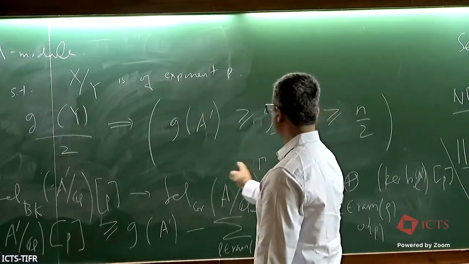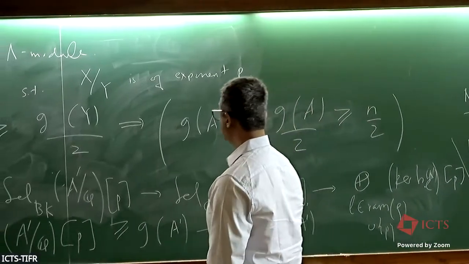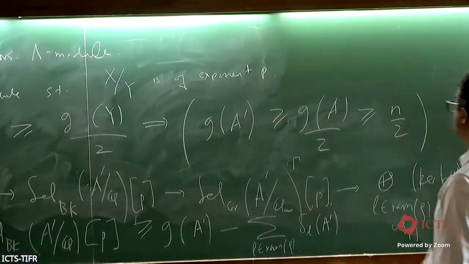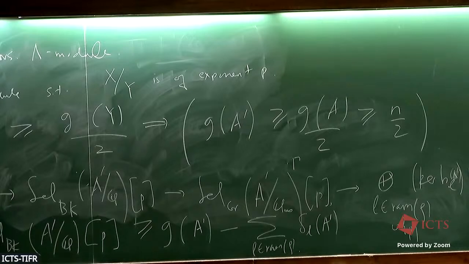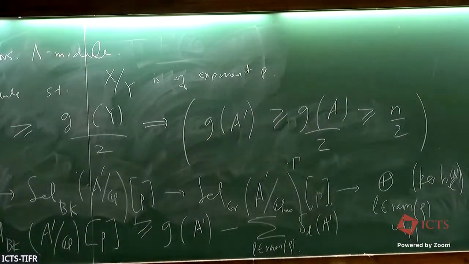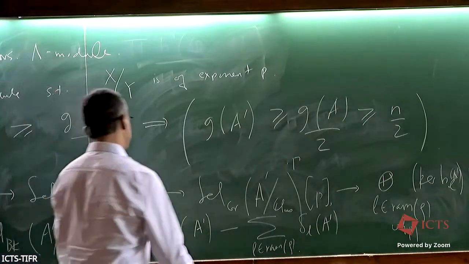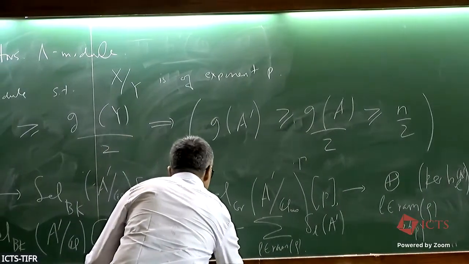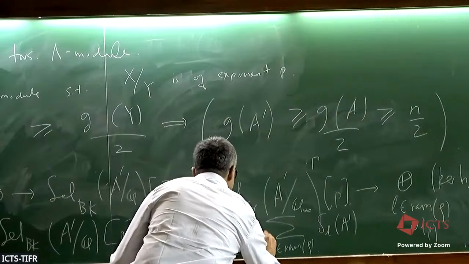So the dimension of this is less than or equal to the sum of these dimensions. So just moving this term to the other side, you get this. And we already said that if you can find such primes, which is the tricky part of the argument, well, so this is bigger than n by 2 minus this sum over delta L A primes.